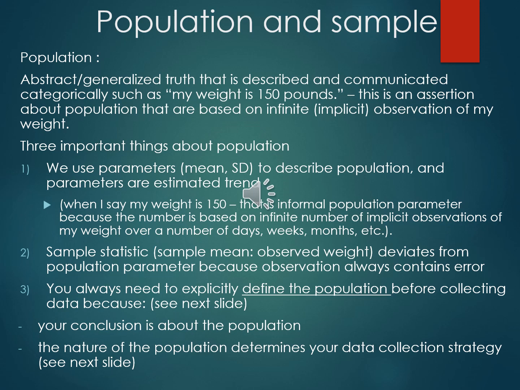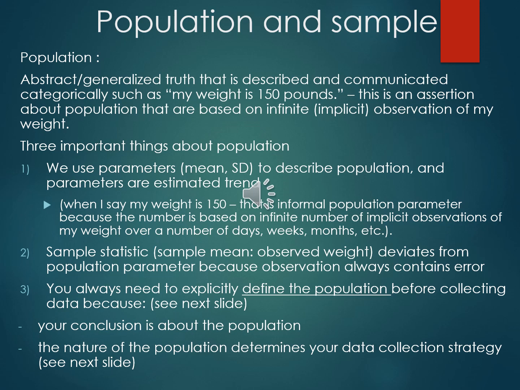But the sample statistic of mean deviates from the population parameter because observation is always situated in a particular space and time, and the population is the abstraction. So that's the difference. Number three that you need to understand, because of this kind of complexity, is that population needs to be defined before you collect the data. So we will talk about these things in the next one.